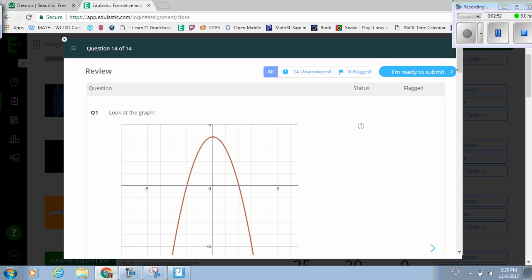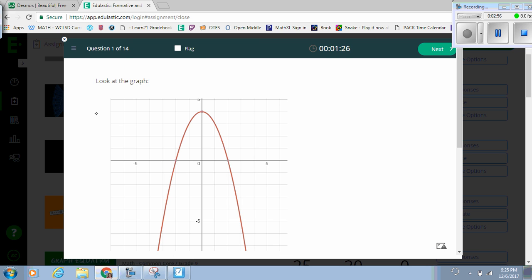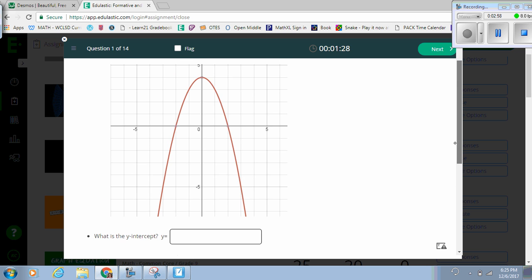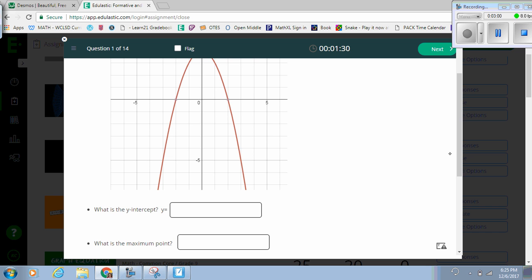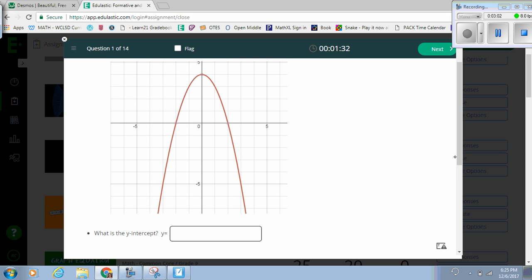Alright, so let's look at problem number 1. This is the graph I just showed you. What is the y-intercept? That's right up here, so that's at y equals 4.